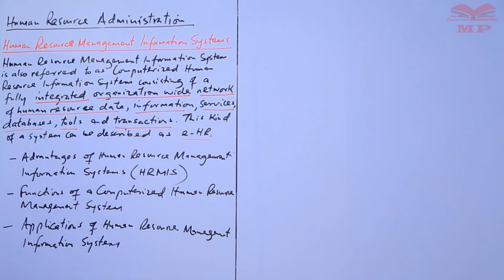In our lesson today, we are going to look at advantages of human resource management information systems. We are also going to look at functions of computerized human resource management system and applications of human resource management information system.